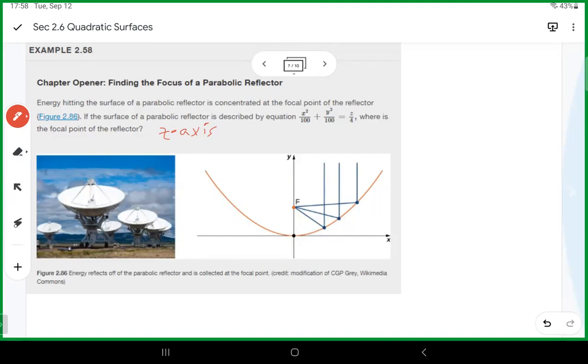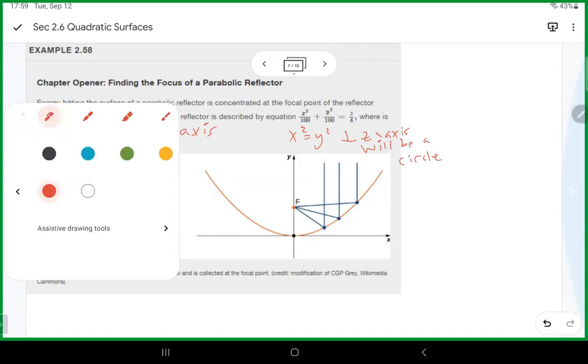With x squared and y squared being equal, the cross section perpendicular to the z-axis will be a circle. We can consider a trace in the XZ plane or the YZ plane. The result is going to be the same.